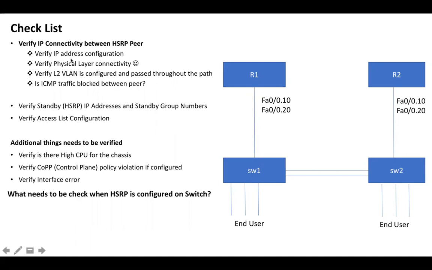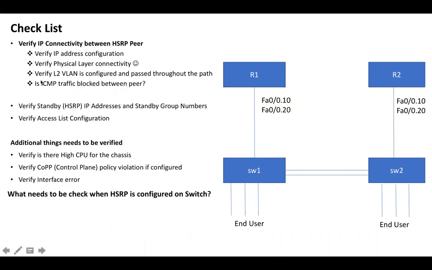First thing is we have to make sure whether R1 and R2 have unique IP address and subnet mask is configured properly for this particular subinterface. Okay, let's say IP address and subnet mask is fine for this particular subinterface.